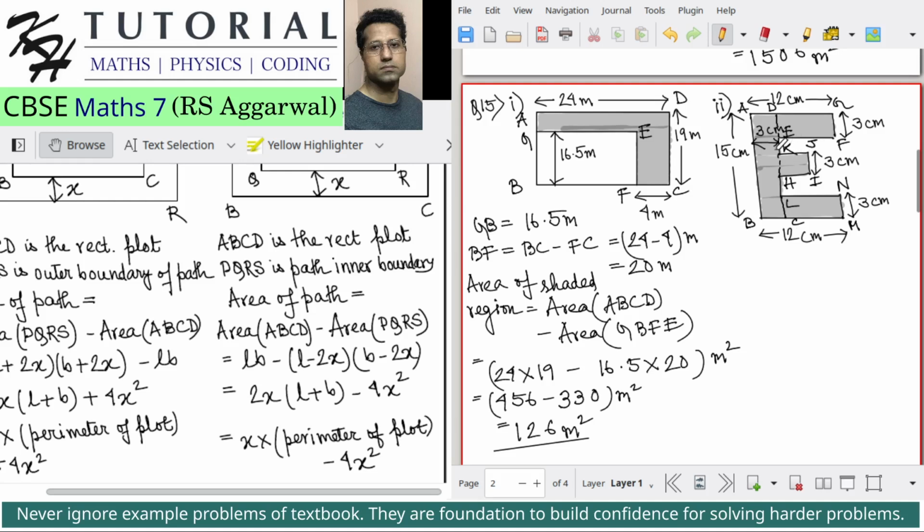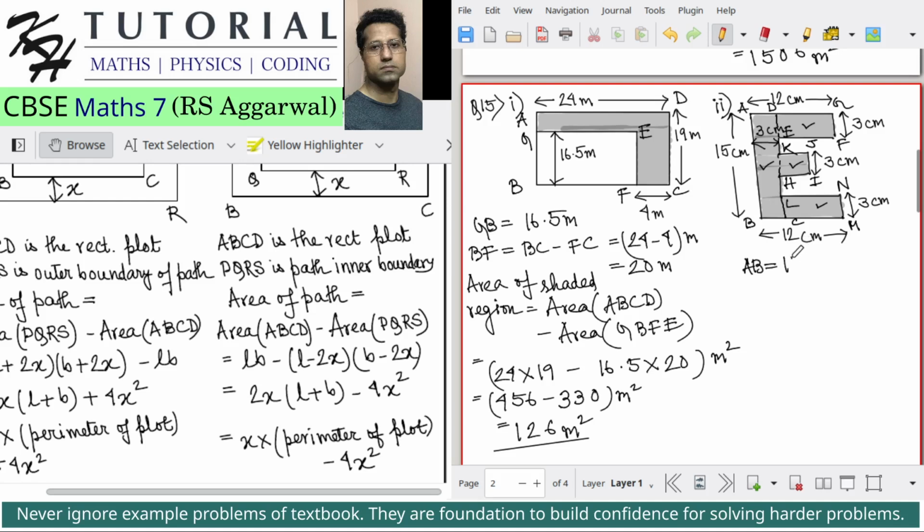The shaded region can be divided into 4 rectangles: this one, this one, this one, and this one. Okay, so I need AD. I need AD to find the rectangle which is vertically downwards, that is the rectangle ABCD.